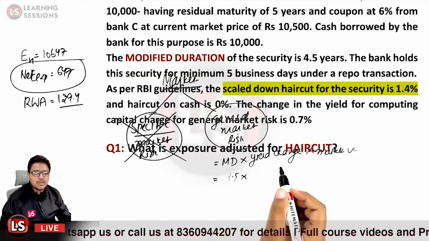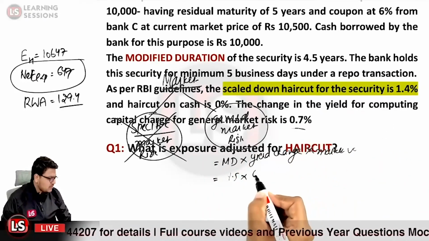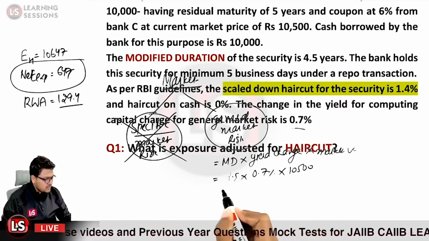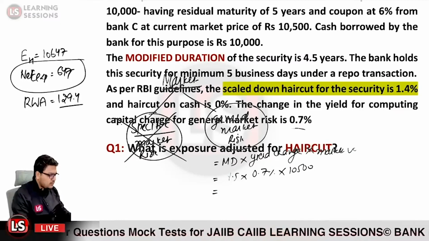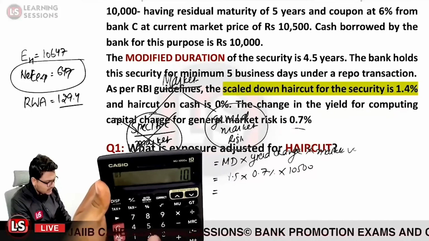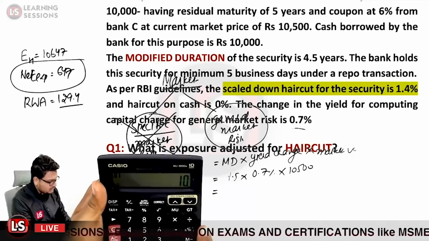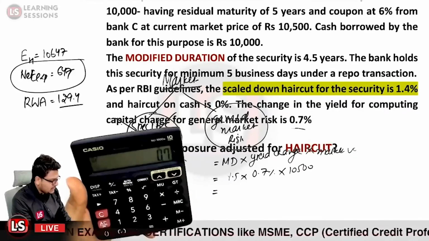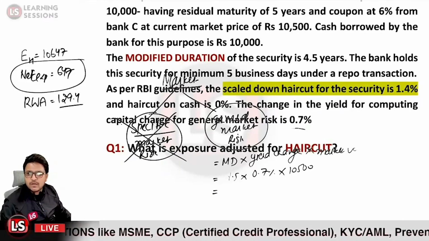And further, the change in yield for computing the capital charge for general market risk is given to be 0.7%. And further, the market value is 10,500. So the capital charge to be maintained for the general market risk, we can calculate as 10,500 multiplied by 0.7% multiplied by 4.5.